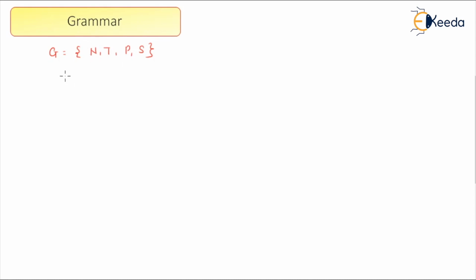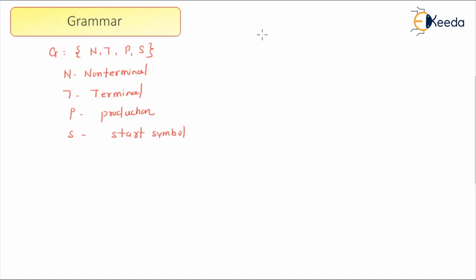So here, N is the non-terminals, T is the terminals, P is the production rules, and S is the start symbol.